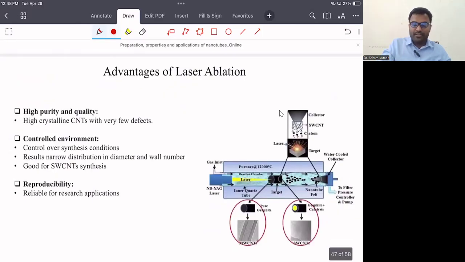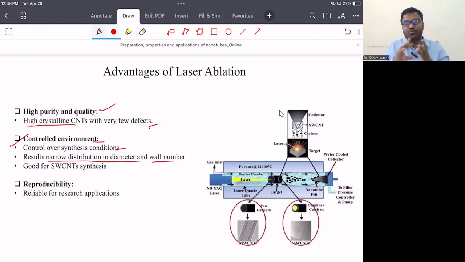And we have the advantages of the laser ablation method, and these advantages are in terms of the high purity and quality, because the laser ablation method gives the highly crystalline CNT with the fewer defects. And the second important advantage is that we can control the environment, the synthesis conditions, and because of that we get the narrow distribution in diameter and the wall number, so we get the high quality of the CNT.